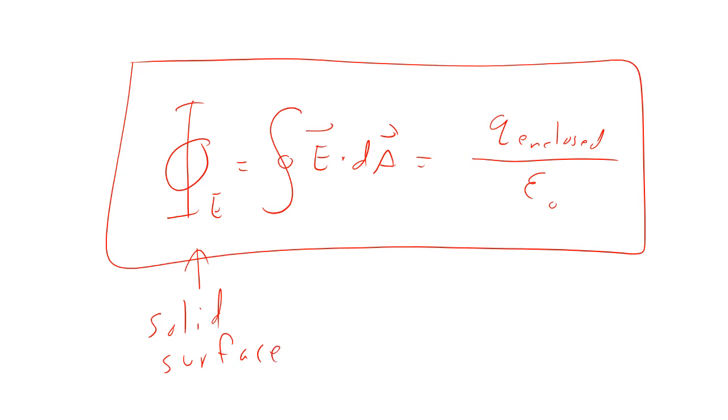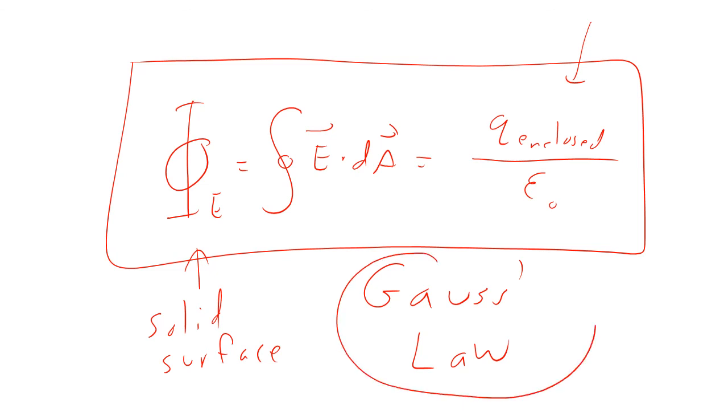This Q is the charge that is enclosed inside of that solid surface. So the flux through any solid surface is going to be the enclosed charge over epsilon naught. And we call this Gauss's law, after Carl Gauss, who worked out this relationship right here.